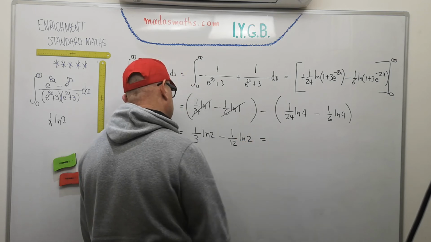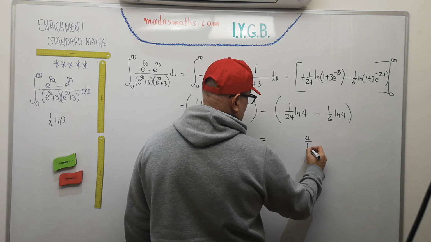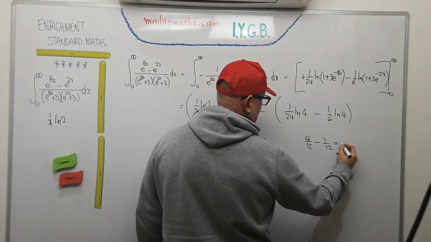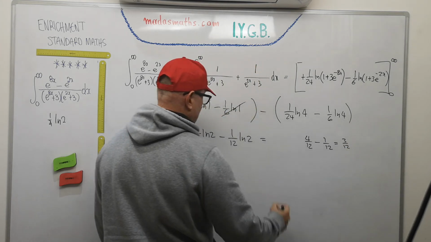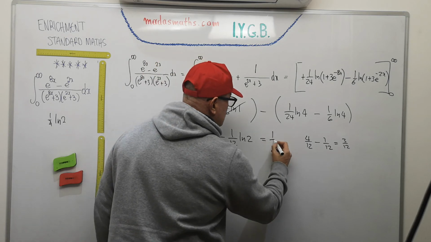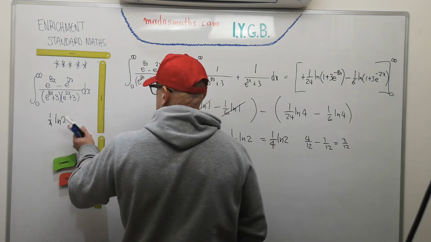And the question now is what's a third take away a 12th? 4/12 take away 1/12 is 3/12, so that's a quarter, and the answer, of course, that we require there is 1/4 log 2, which is what I've just written there originally.